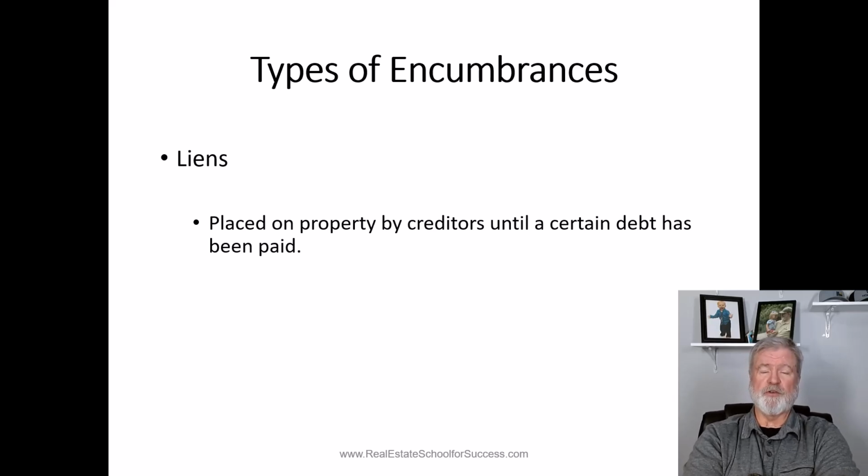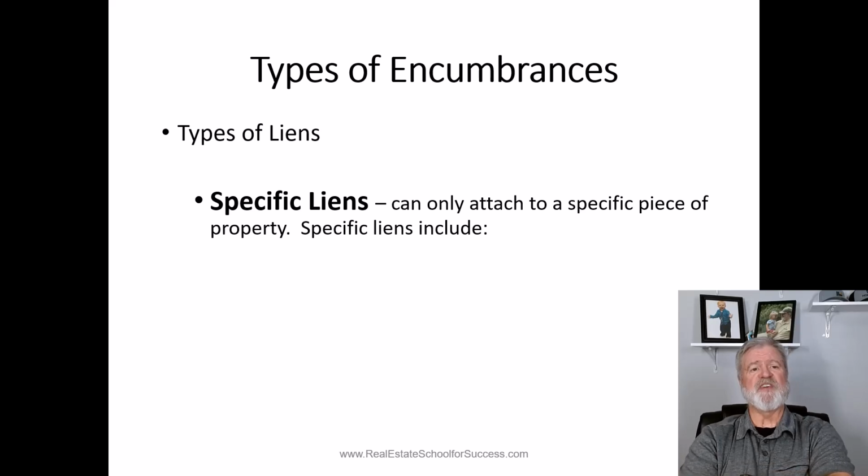Now, there's two main types of liens. The first type is what we call a specific lien, and then there's also what we call general liens. So there are different types of specific liens, and then there are different types of general liens. And we're going to talk about each one, but we're going to start with specific liens.